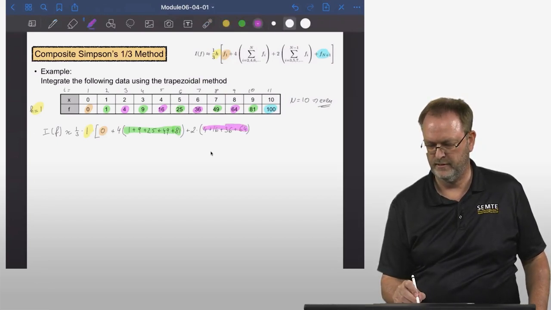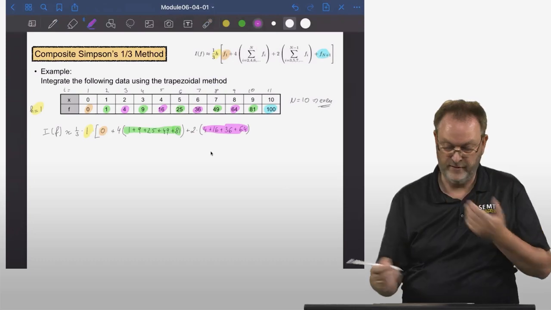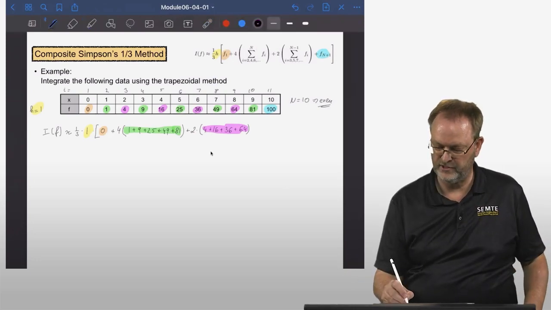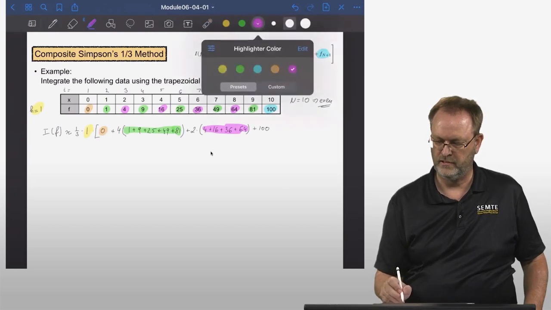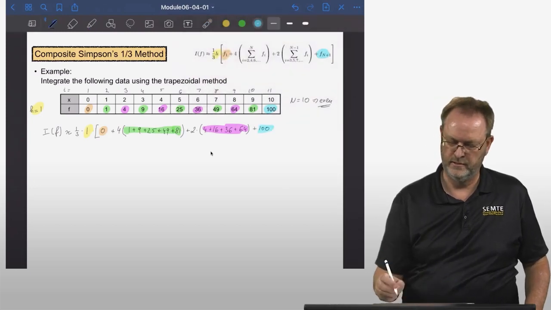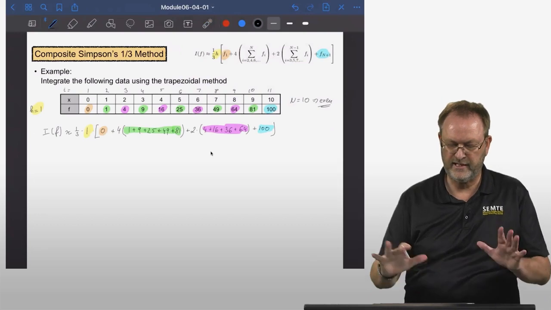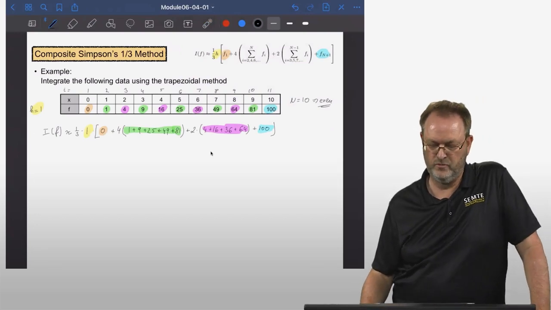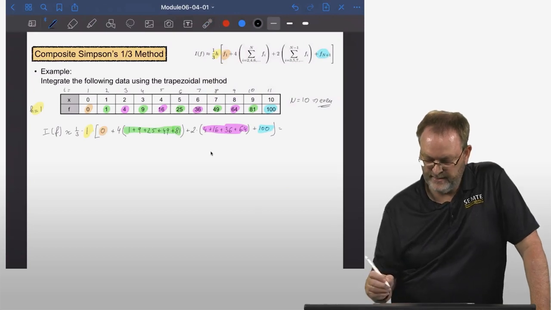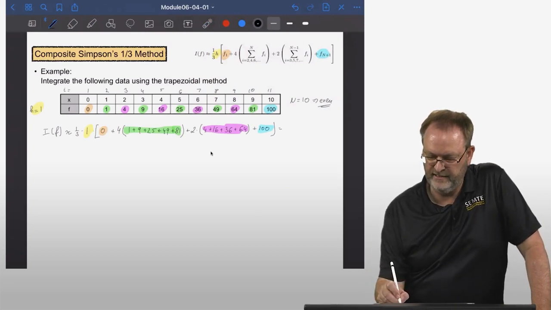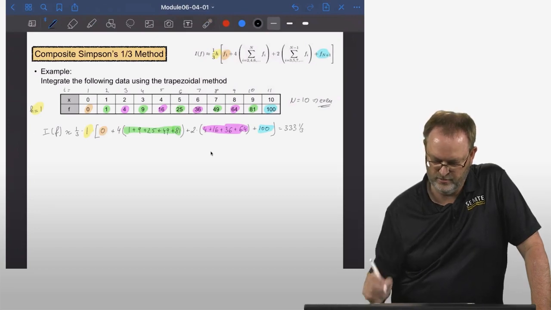Okay. And then we have at the very end plus f(n+1). That was my sine one, so plus 100. And everything gets multiplied by 1/3 times 1. Okay then, if you plug in the numbers here, you will find that the answer is 333 and 1/3.